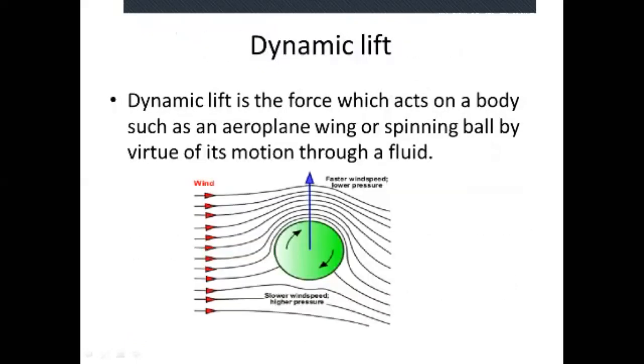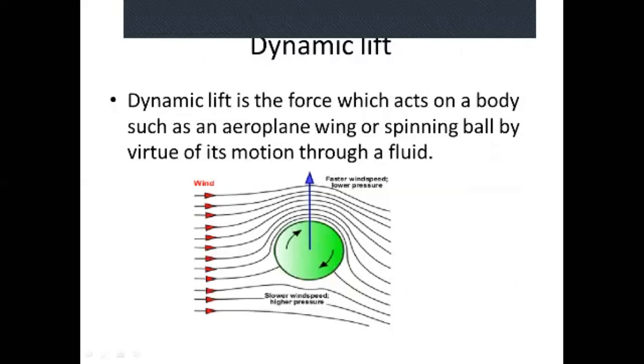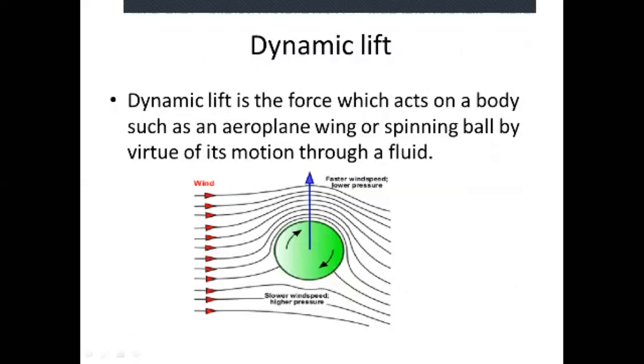So another application of Bernoulli's effect is the dynamic lift. Basically here we look at streamlines. The emphasis is the rate at which streamlines are flowing on the upper side and on the lower side, and also the direction of the spinning of the ball.